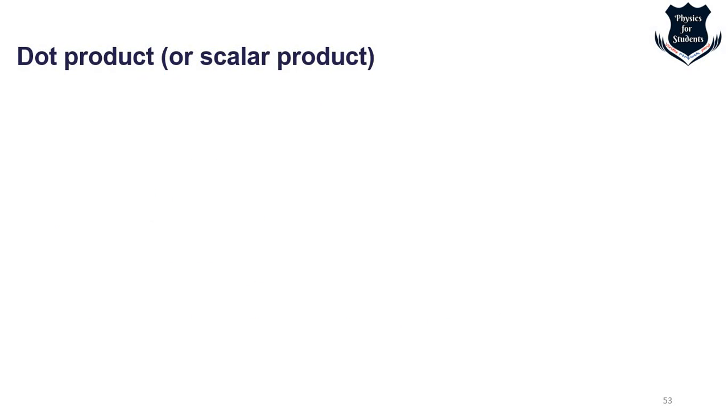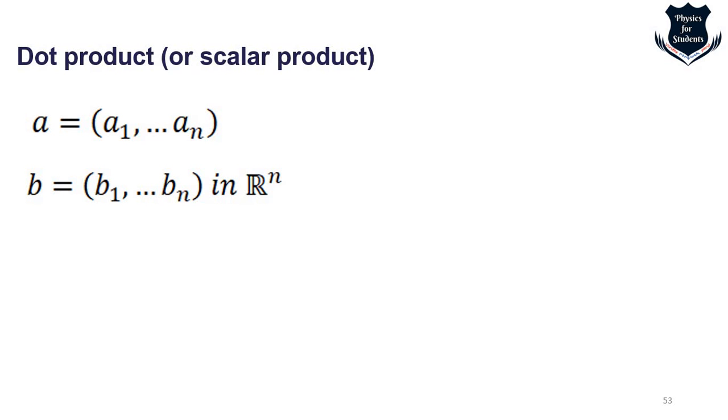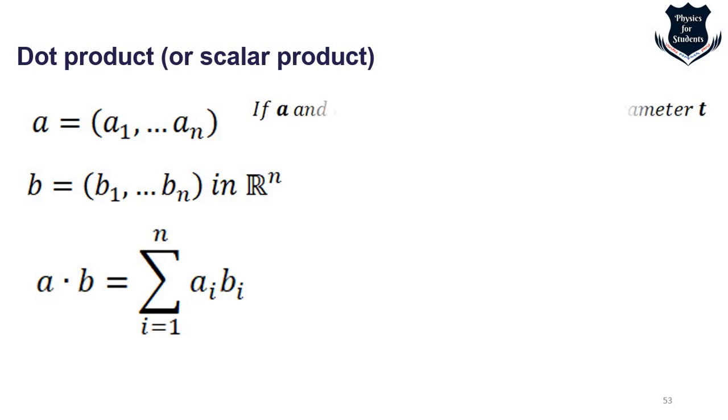Now just note that a dot product or scalar product of vectors a, ranging from a1 to an, and b, going from b1 to bn, is given by this. We know that. And if a and b are smooth functions of a parameter t, then we use the product formula.